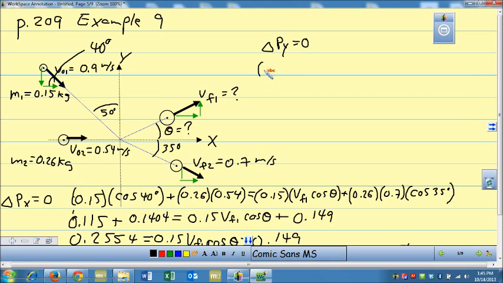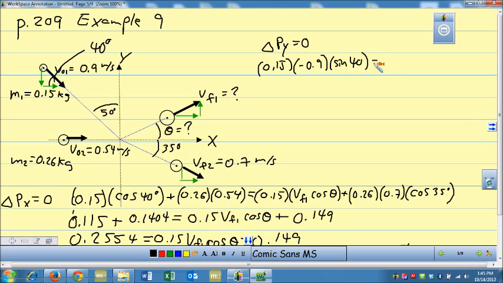So that means that we're going to have, well, you can see here we've got the mass 1, which is 0.15. Now the velocity in the y direction is 0.9 sine 40 degrees, but it's negative. So it's negative 0.9 sine 40.